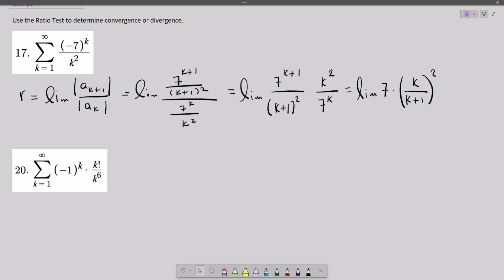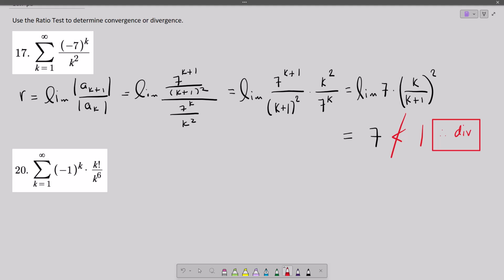We have k over k plus 1, which is 1, and 1 squared is 1. So this overall limit is 7. This is not less than 1. Therefore, diverge. If that limit is not less than 1, you have divergence.